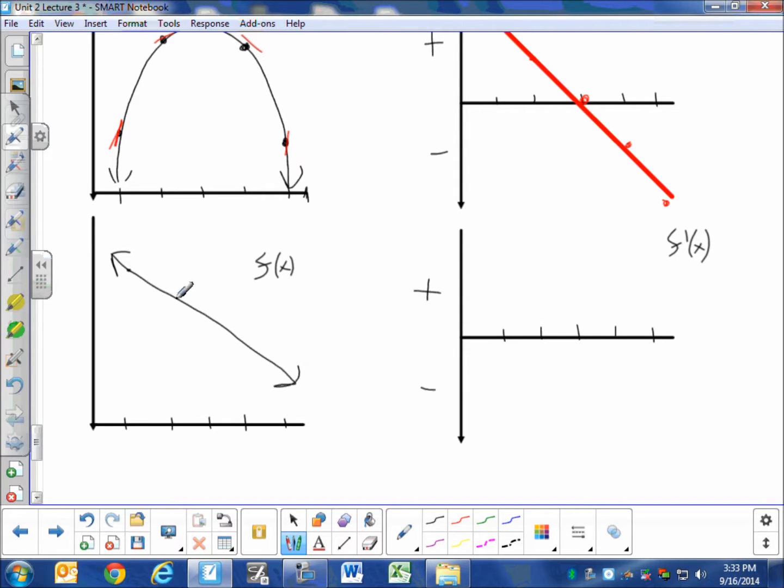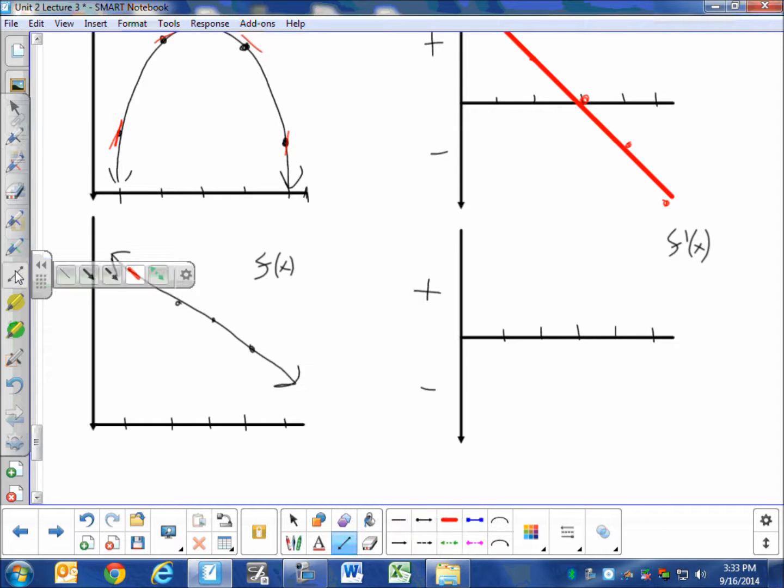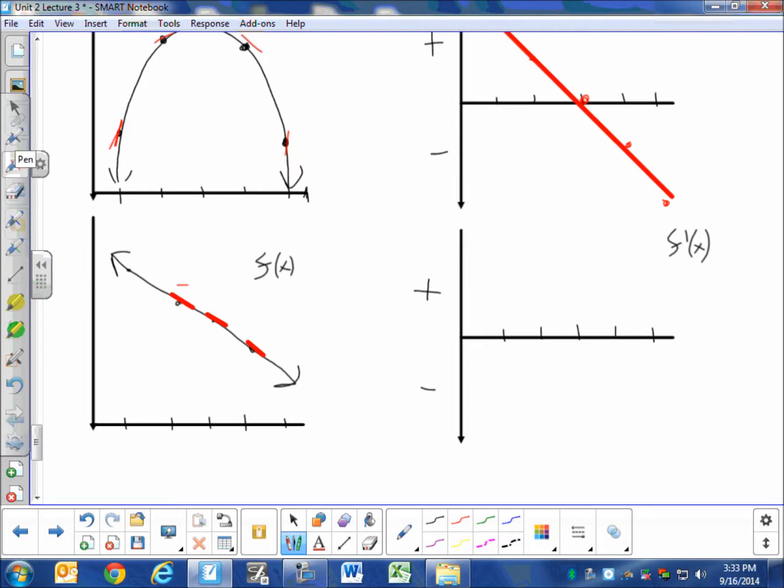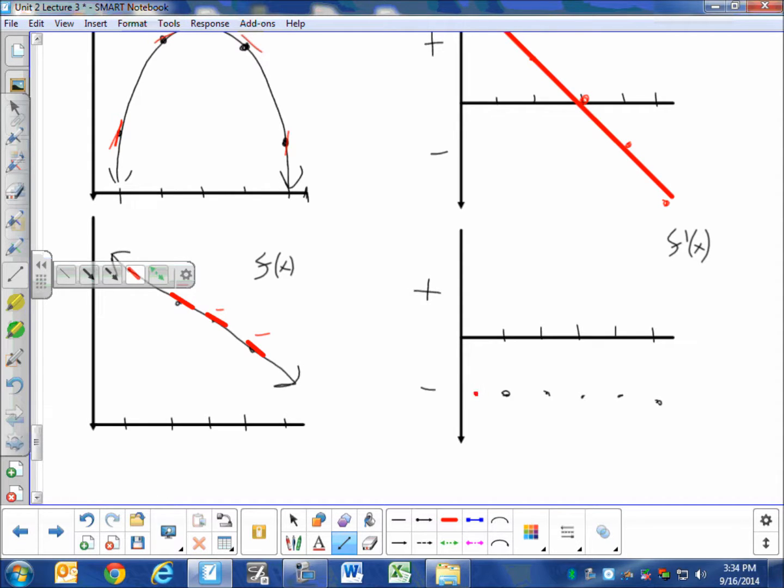At each one of these locations, our tangent slopes will be the same. It'll just be the line. And all of those tangent slopes are all negative. And they're the same value, negative. So like say down here, here, here, here, here, this would be the f prime equation, the tangent slope equation.